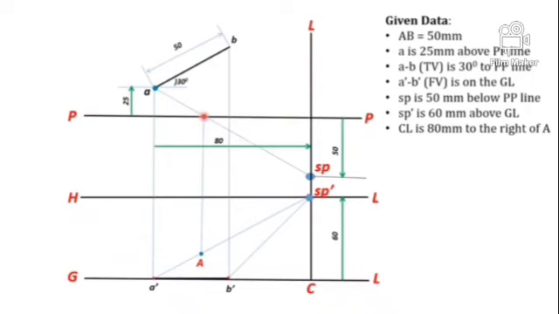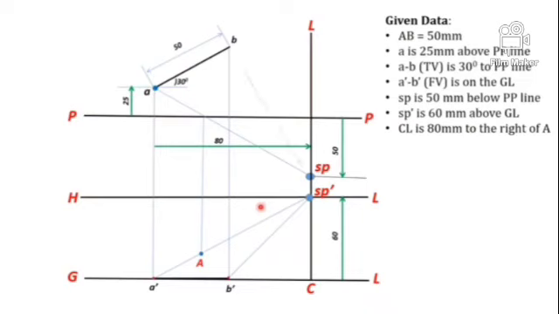From this point you draw a vertical projector line towards the corresponding visual ray in the front view, that is SP dash to A dash. You will get capital A. You should denote the perspective view of the point with capital letters. So this is your perspective view of the point A.